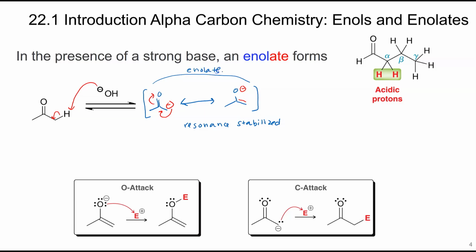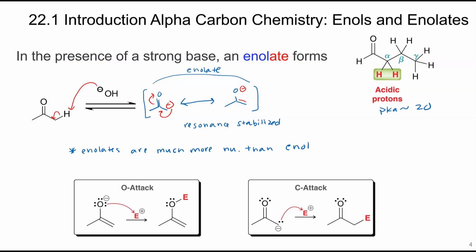This is the enolate. These protons here are acidic protons. The pKa is around 20. Enolates are much more nucleophilic than the enol. And that's because it has a formal negative charge versus the enol just has the oxygen lone pairs to do the attacking.